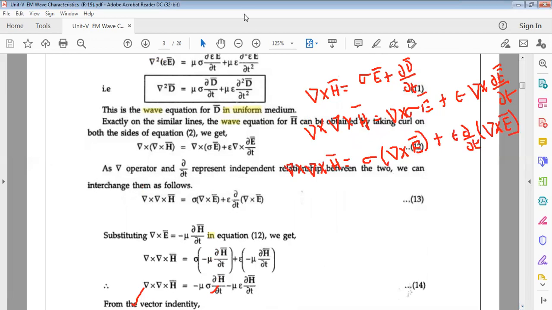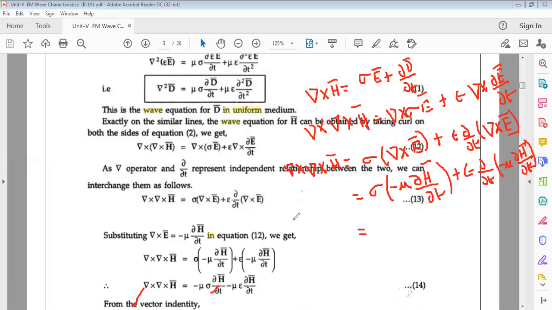From equation 1, you can say del cross E bar is equal to, we substitute that value, minus mu into dou B bar by dou T, B bar changes in terms of H, minus mu dou H bar by dou T, plus epsilon into dou by dou T of, and del cross H bar is also now represented, dou mu dou H bar by dou T. That is equal to, the left hand side is the same, minus mu sigma dou H bar by dou T, and here also minus mu epsilon dou H bar by dou T. Got it, my dear friends?